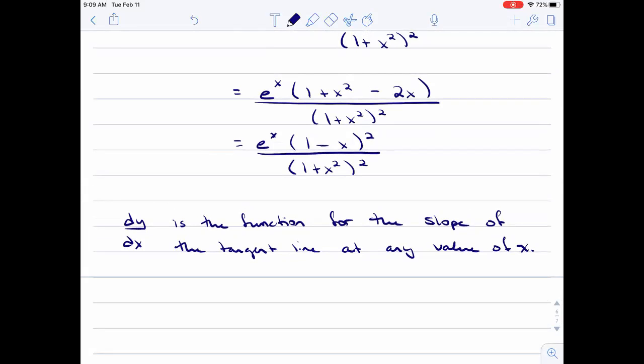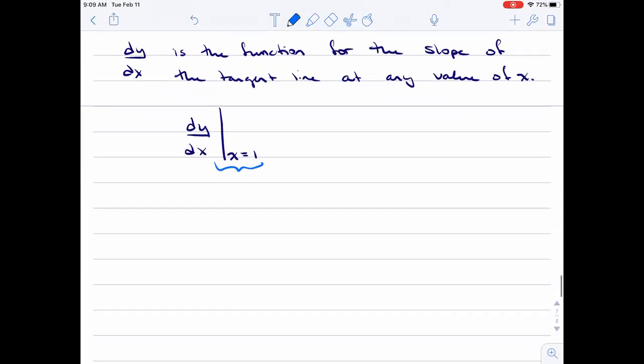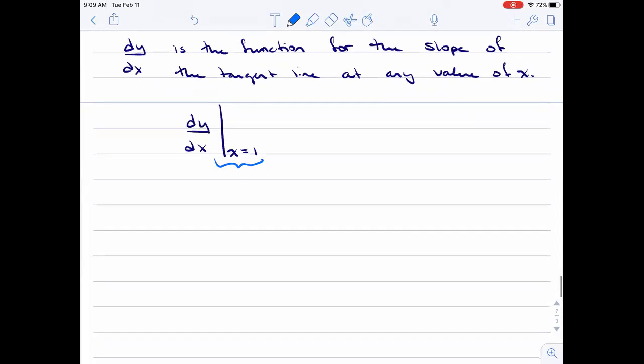But when we're talking about derivatives, what we do is we write dy dx, and then you just do a straight vertical line, and then down at the bottom you say x equals 1, and you're going to read this as dy dx evaluated at x equals 1.